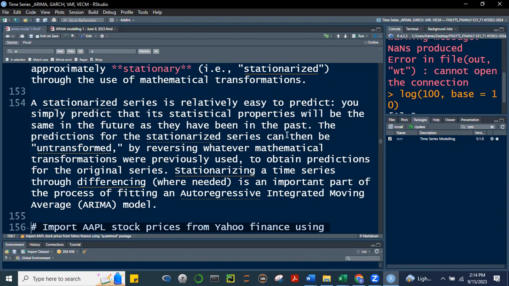So that's the main purpose. The reason why we convert non-stationary data into stationary data is because it makes it easy to develop a model for it. You simply predict that its statistical properties will be the same in the future as they have been in the past. The predictions for the stationarized series can then be untransformed.